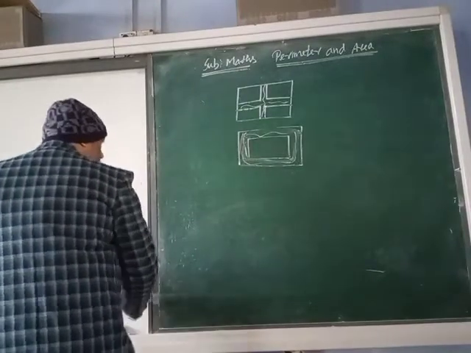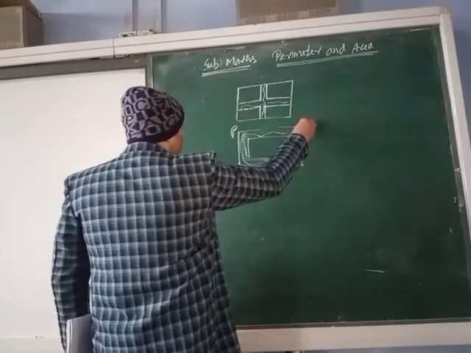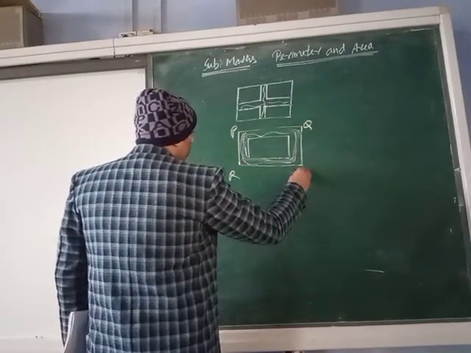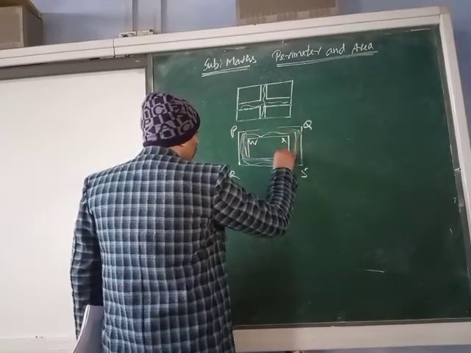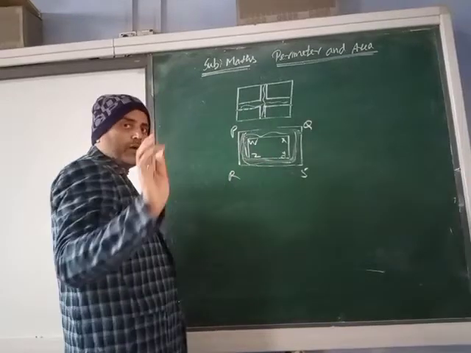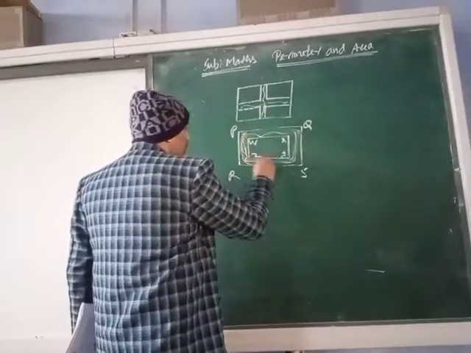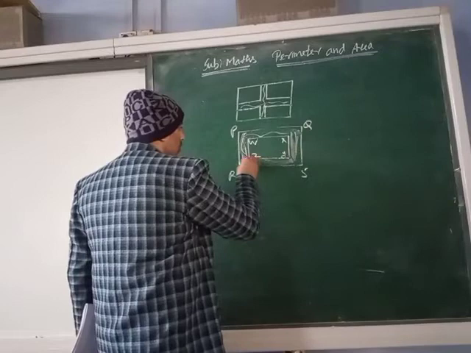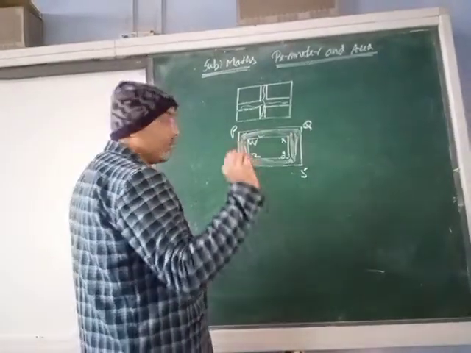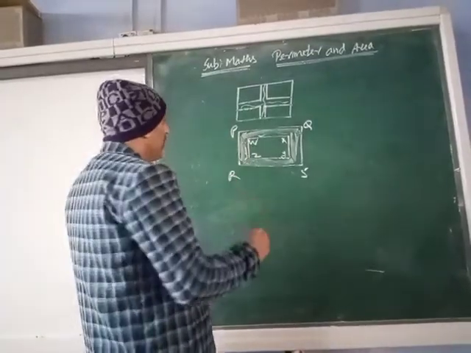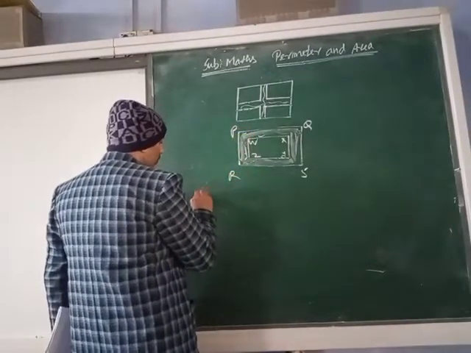Now, suppose here we have P, Q, R, S, and this one is W, X, Y, Z. If you want to find the area of this figure, the path, what do we have to do? First of all, find the area of rectangle PQRS.